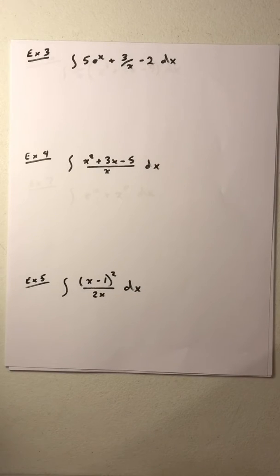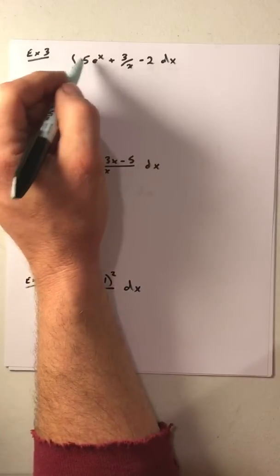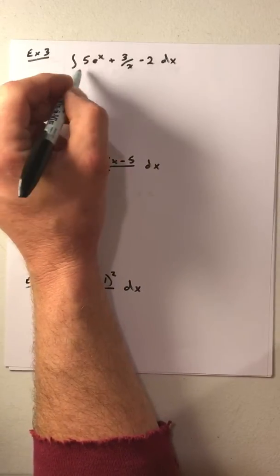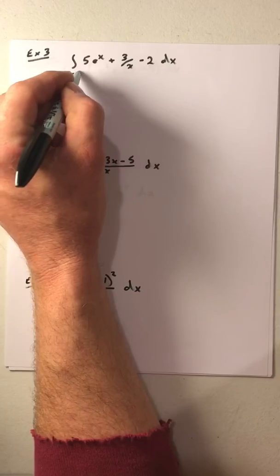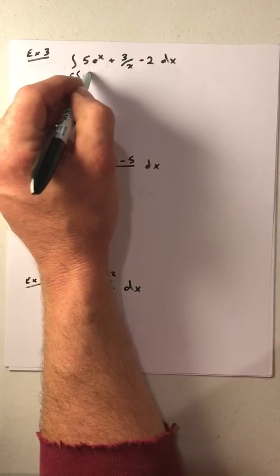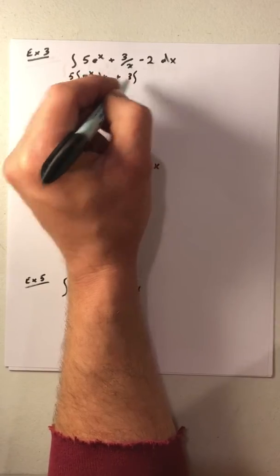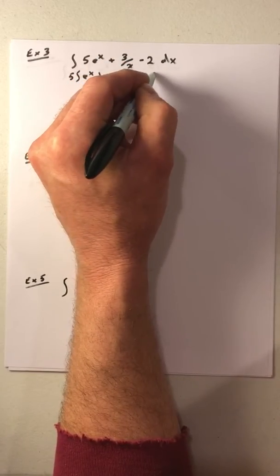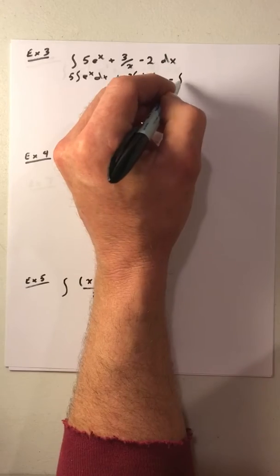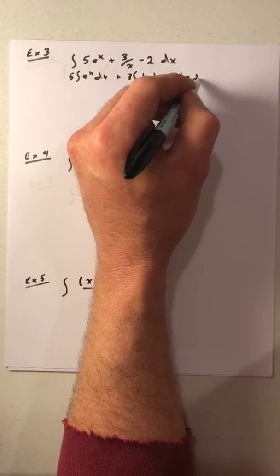In example 3, I've given e to the x a coefficient, and I've multiplied the numerator of 1 over x by 3. Again, we can break these integrations up, these coefficients, and look at it as 5 times the integration of e to the x dx plus 3 times the integration of 1 over x dx minus the integration of 2 dx.